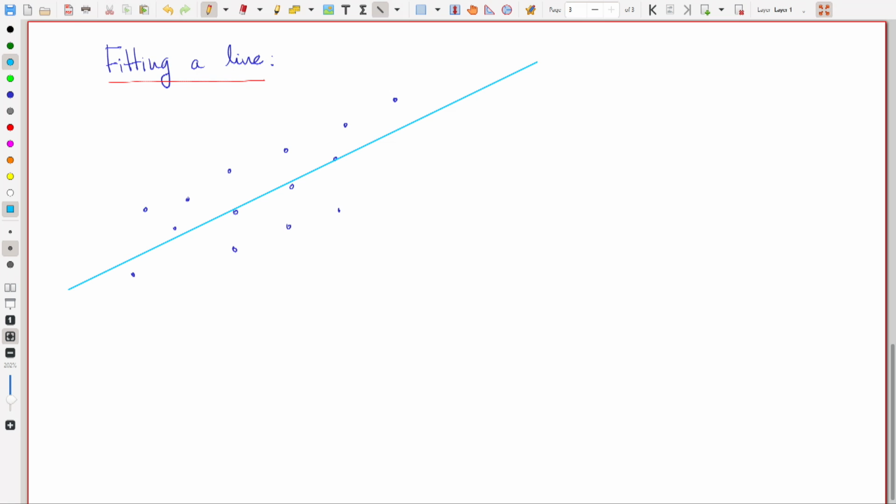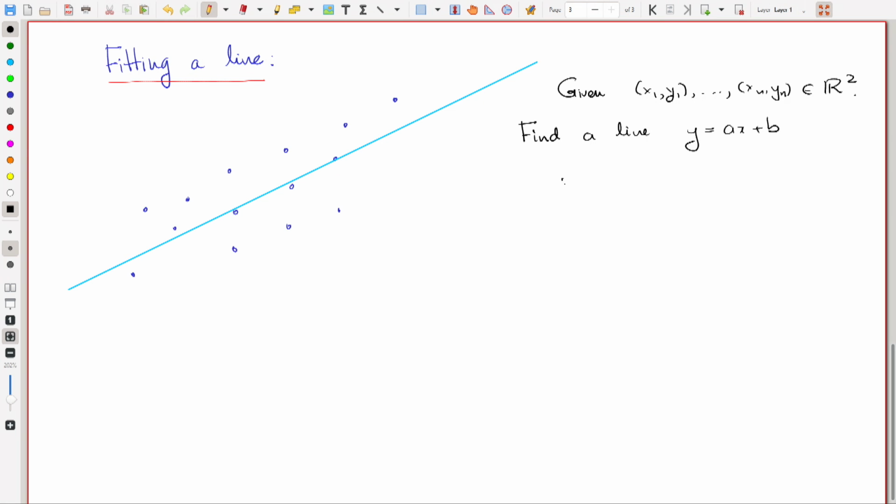So, let me formulate the problem exactly. We are given points x 1 y 1 through x n y n in R squared, and what we want to do is again find a line y equals a x plus b, so that all these points are close to the line.